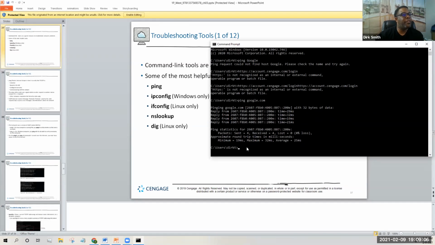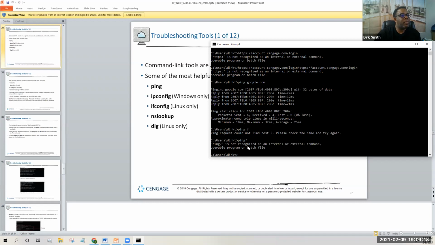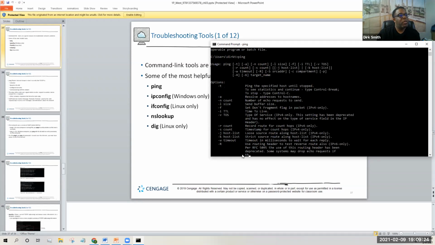Even if you do a ping command and you don't know what to put in after the ping, just do a space and a question mark. What am I trying to show? There we go.